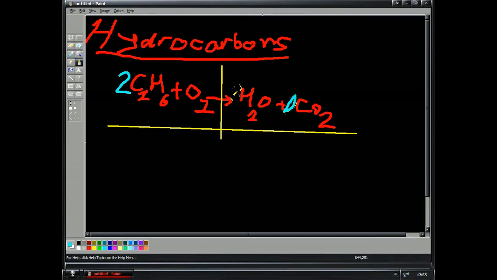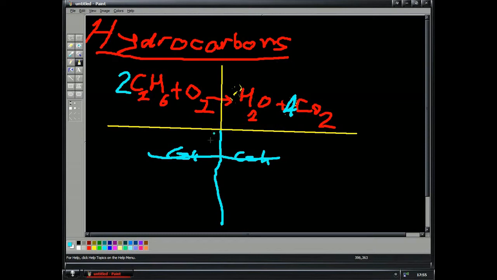So you put a 2 there, and you start with 2 molecules of ethane. Then you put the carbon number, 2 times 2, 4, in front of the carbon dioxide, so the carbons are now balanced.